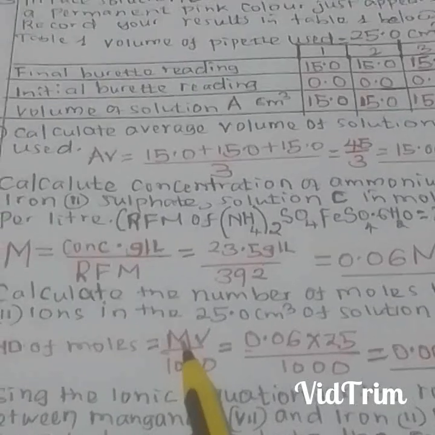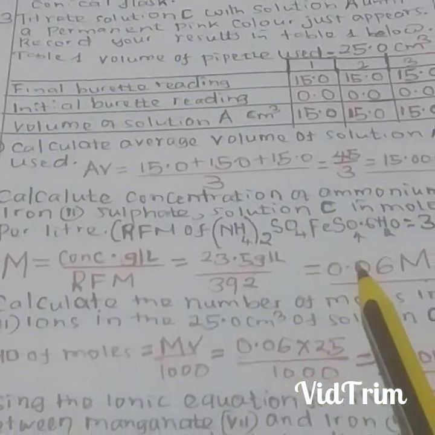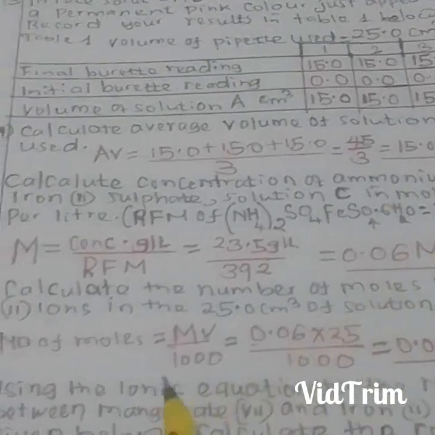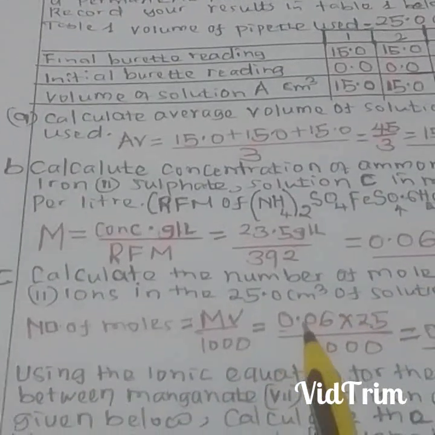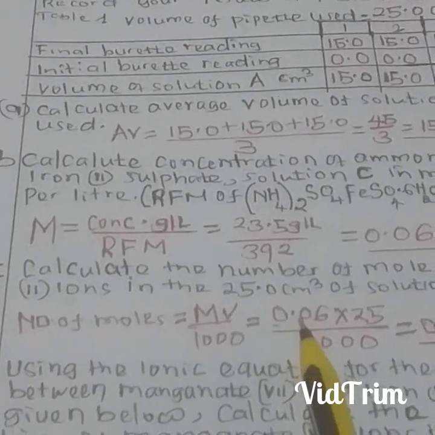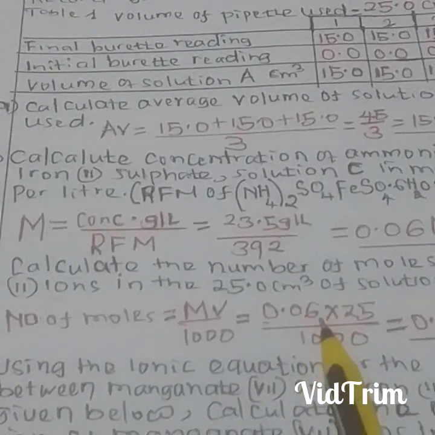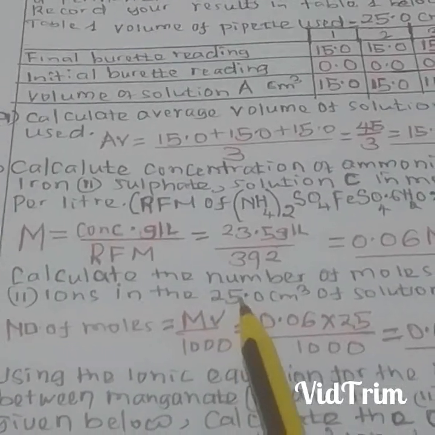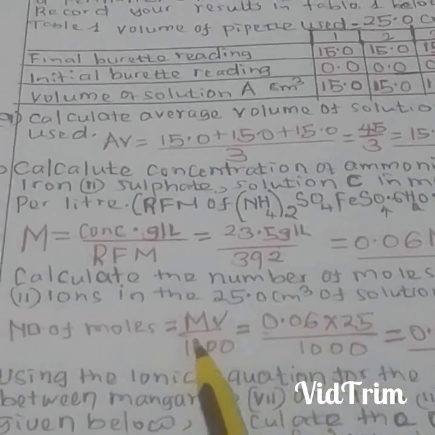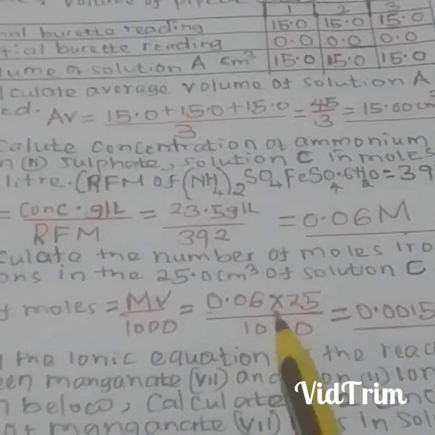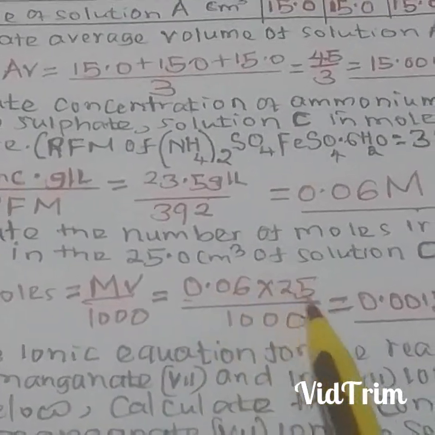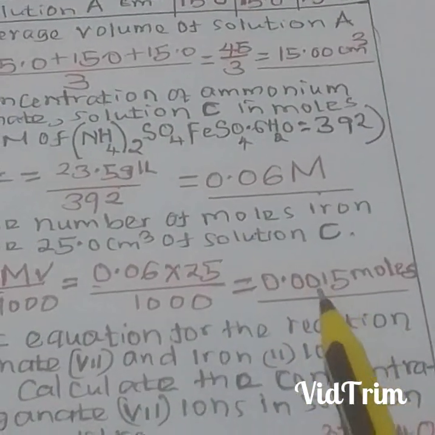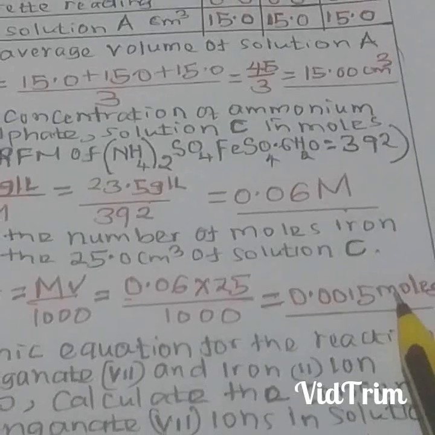Yes, of course. Look at question B above. We have calculated it is 0.06 molar. So the molarity of this solution iron 2 ion is 0.06. What about the volume? We pipetted 25, so times 25 all over 1000. So my student, if you calculate carefully, you get 0.0015 moles. Is it okay, my student?